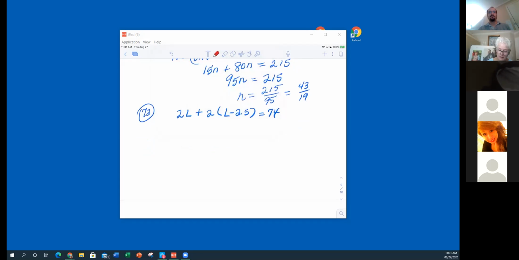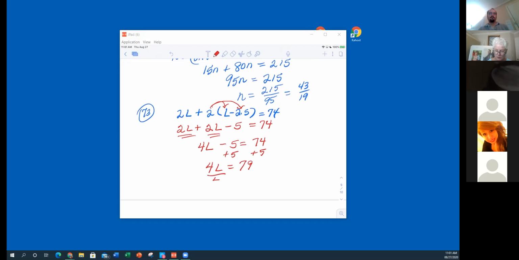So we'd first start by distributing. Then I'd combine the L's. Then I'm going to add 5 to both sides. And then divide both sides by 4.